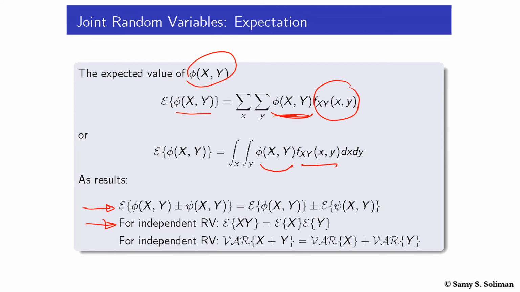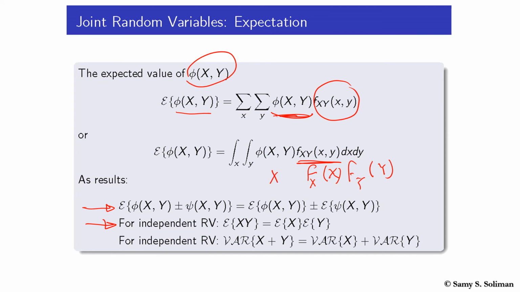Of course, this can be proven knowing that for independent random variables, the joint distribution is equal to the product of the marginal distributions. So only for independent variables can we replace the joint distribution with the product of the marginal distributions.